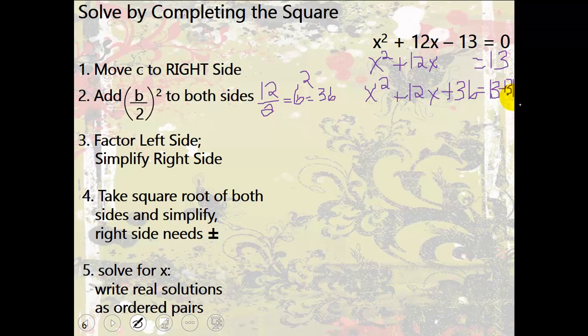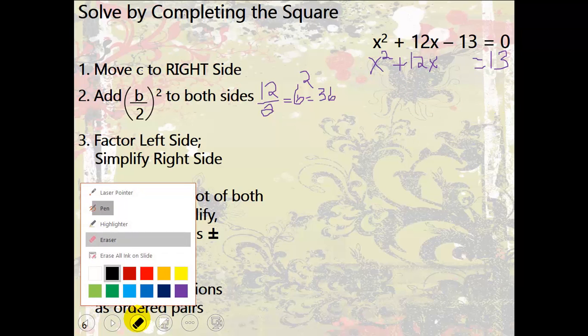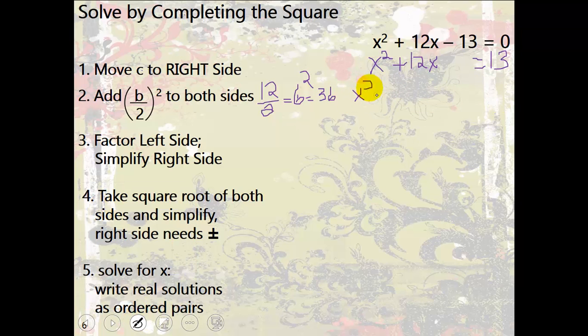Ooh, that's tight. As I would say, that looks crumbly. X squared plus 12x plus 36 equals 13 plus 36, right?